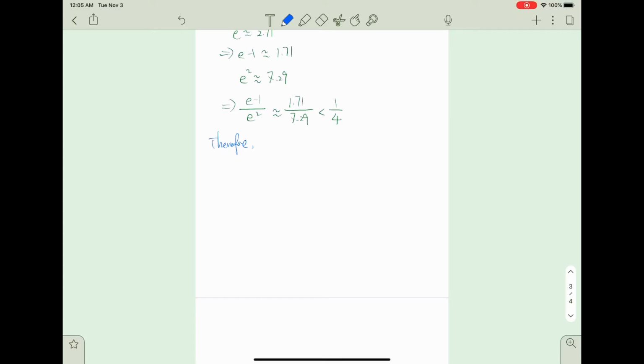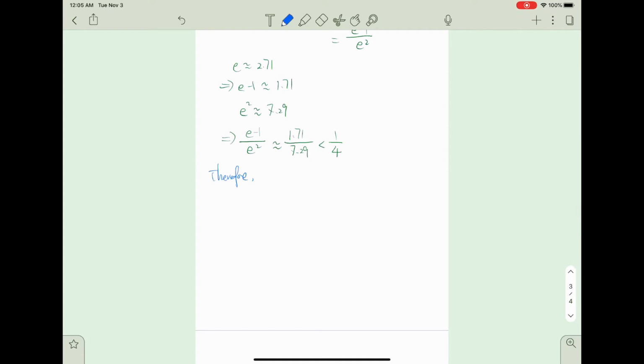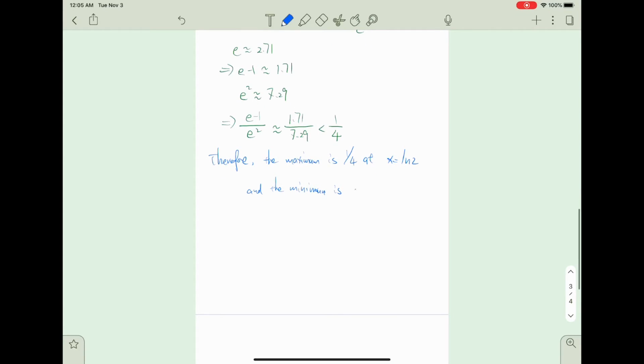Therefore, the function f(x) has the maximum, it's 1/4 at x equal to ln2, and the minimum it's 0 at x equal to 0, right?